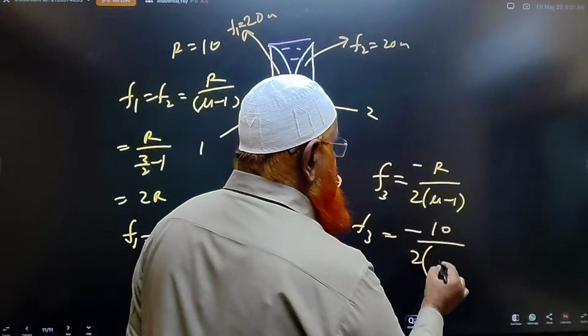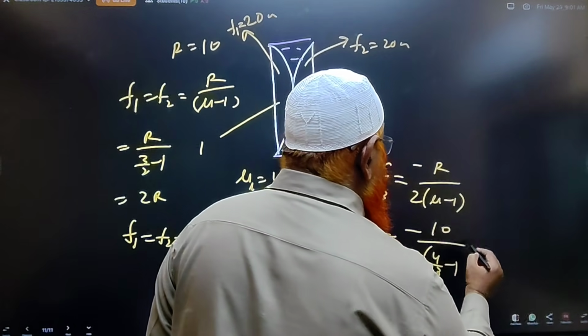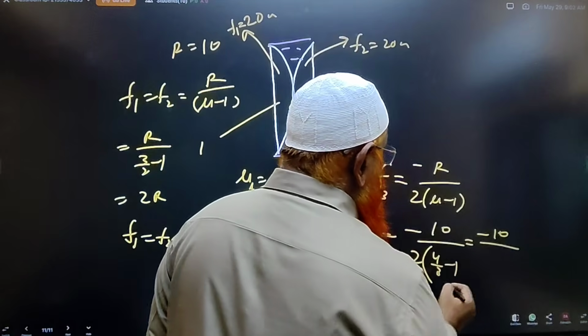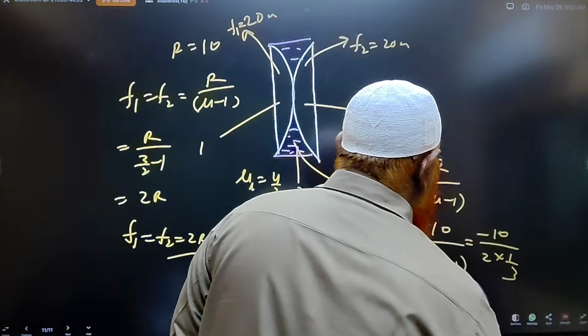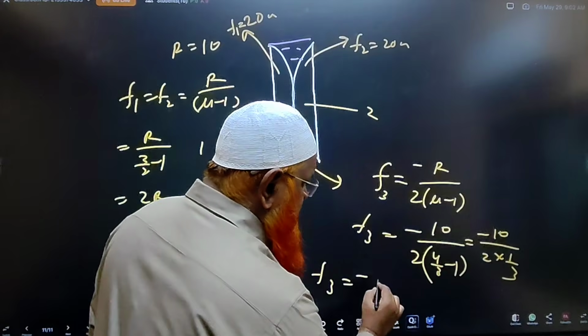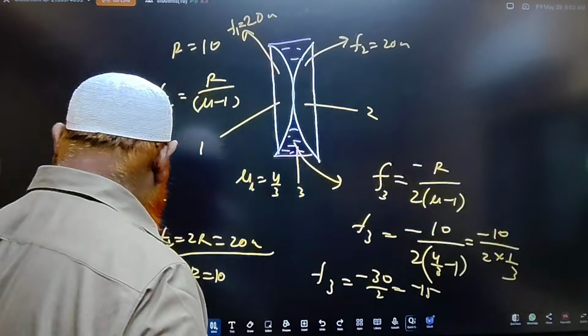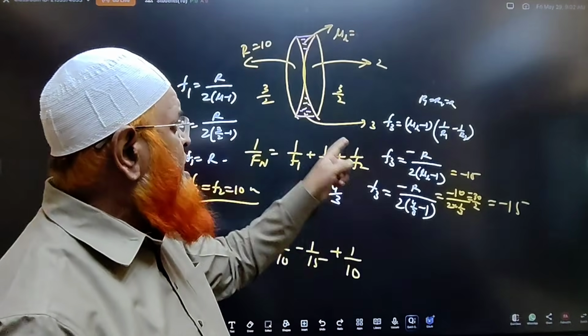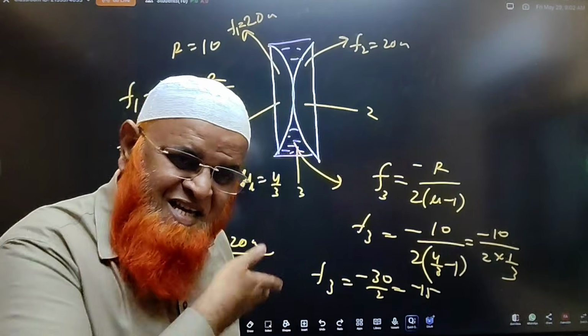So 2 into (4 by 3 minus 1), which is 4 minus 3, that is 1 by 3. So F3 is going to be minus 30 by 2, which is minus 15. In the previous case also it was minus 15 only, because here also the equiconcave lens does not change.